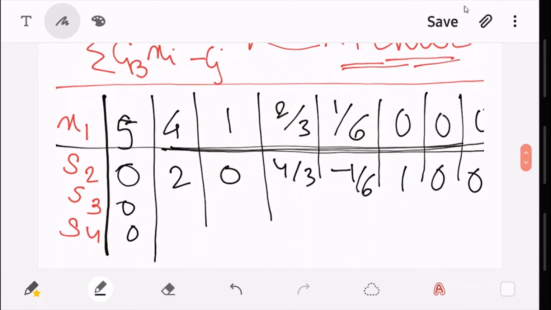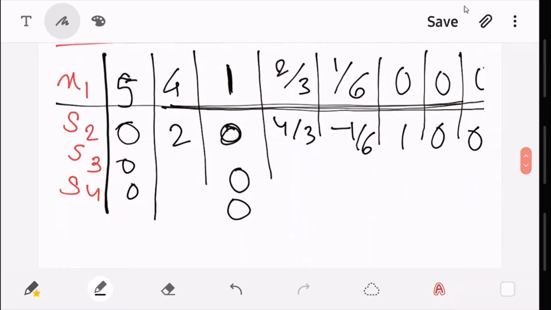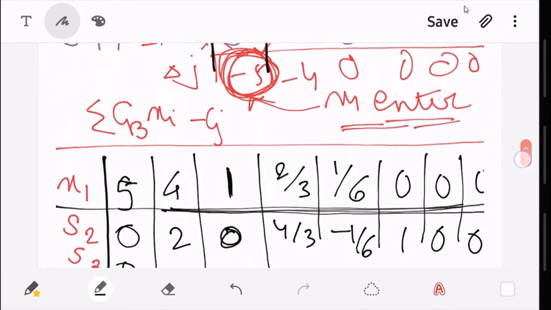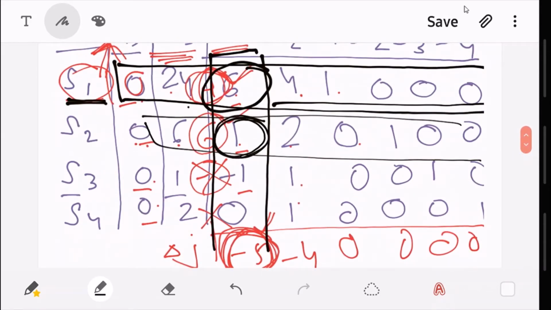The Gauss-Jordan method basically makes the entering variable column's pivot element 1 and the rest all values 0. When we complete this, we will see that. Next is 1 minus 1, 1, 0, 0, 1, 0.